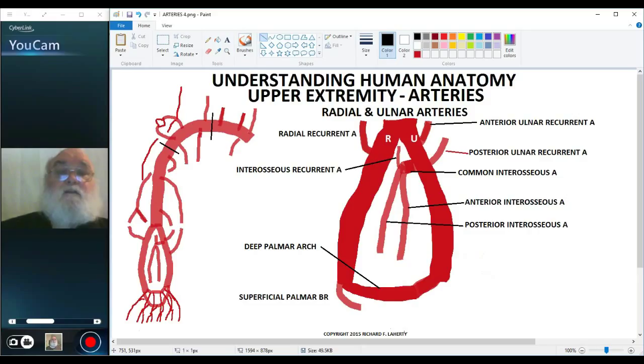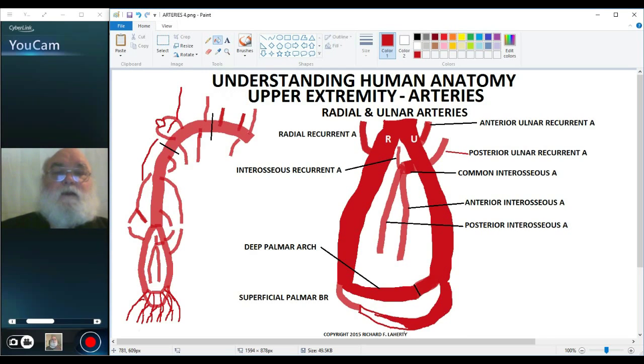I'm going to draw a little line in here to show the approximate junction between the deep palmar branch and the deep palmar arch. And then I'll color that in like so.